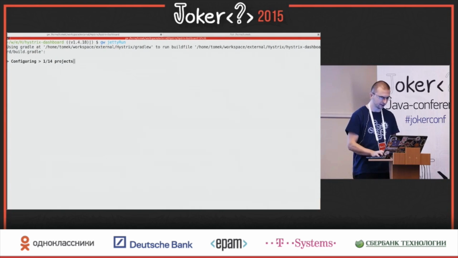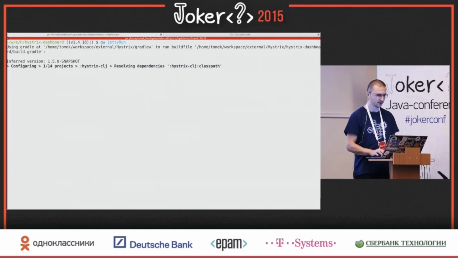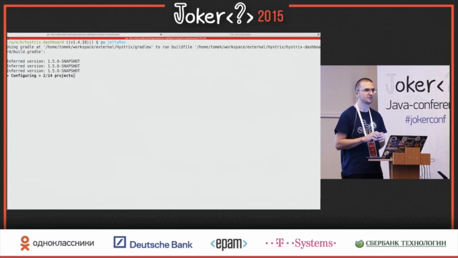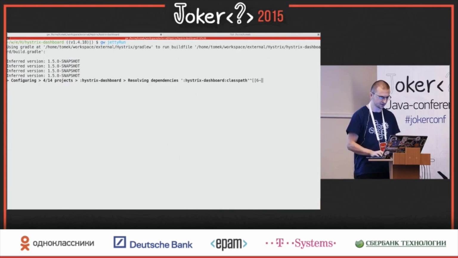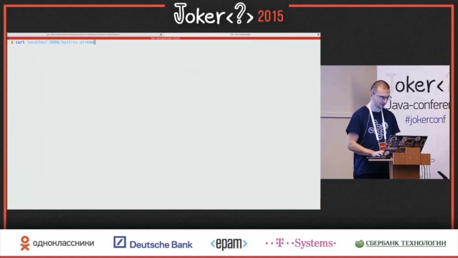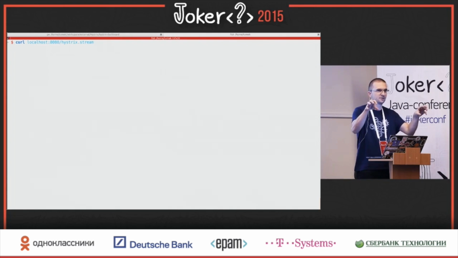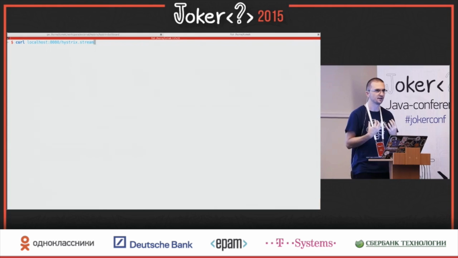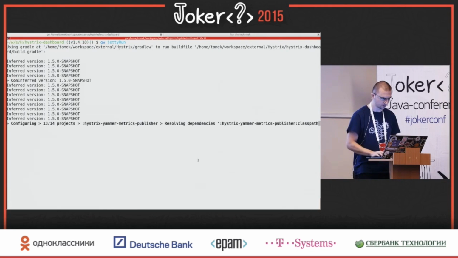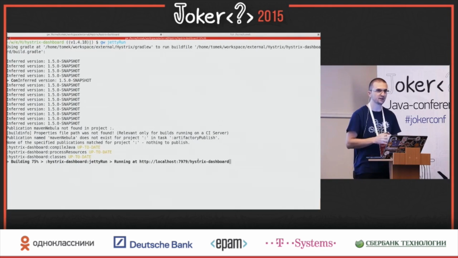It will take a little bit, so let me talk for a while. What this application does is that you paste the address of this stream into it. It's going to connect to this stream, start consuming the data, and show you some really cool graphs. And we can actually explore Hystrix quite a bit just by looking at these dashboards.